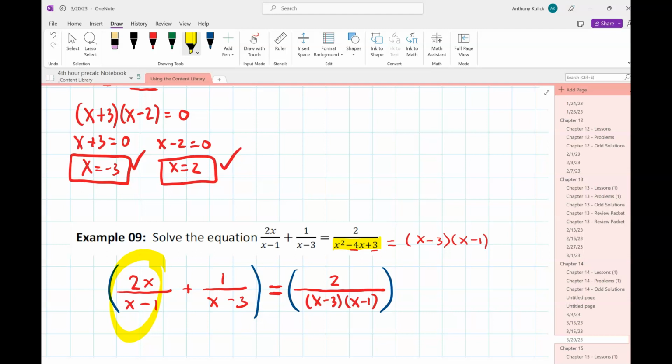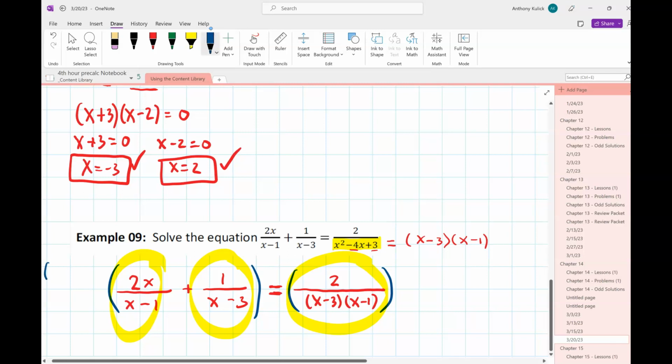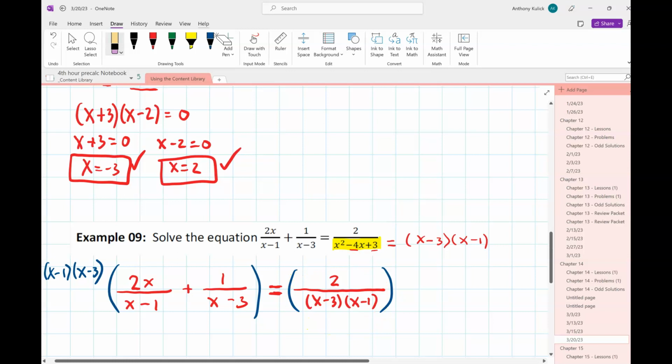X minus 1. If I want to cancel out that fraction, what's got to be in there? If I want to cancel out this fraction, what has to be in there? Both of x minus 1 and x minus 3. Everybody agree with that? So what am I going to multiply both sides by? Just x minus 1 times x minus 3.